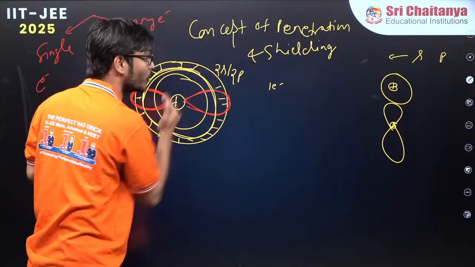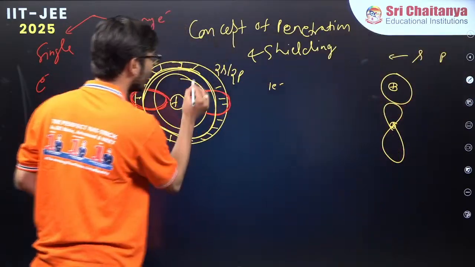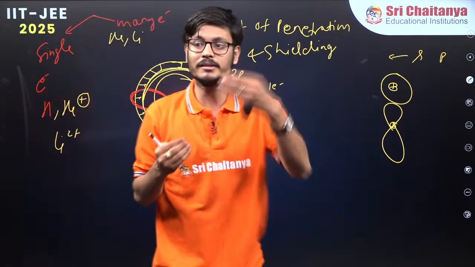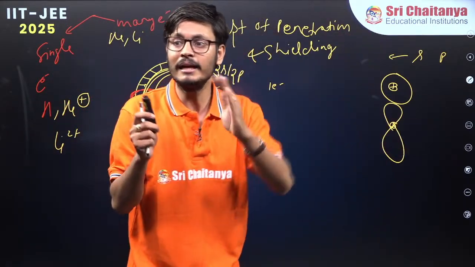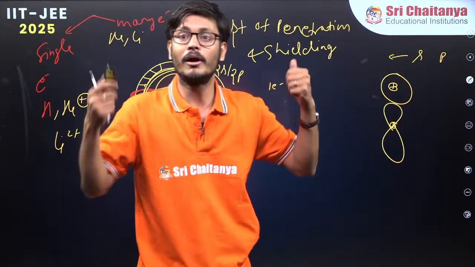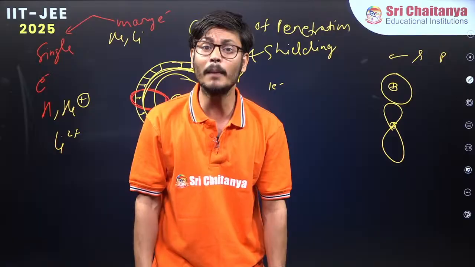The electron of s has come closer. As the electron of s comes closer, what will happen? Because the electron has come inside, it will repel the electron of p. Electron, what will happen? Repulsion.